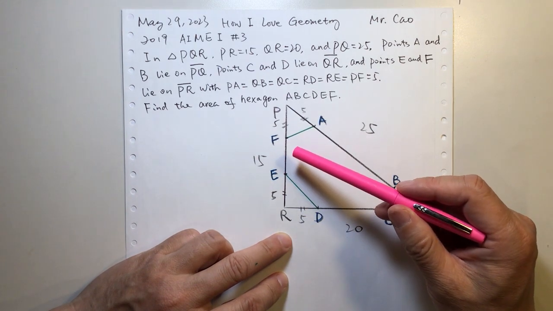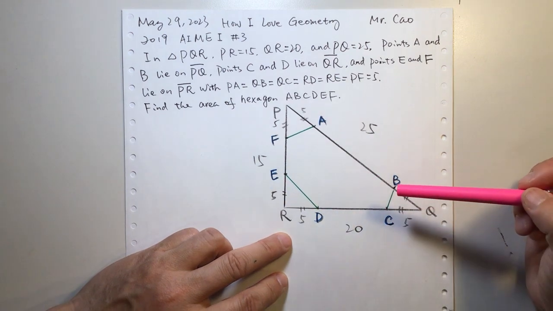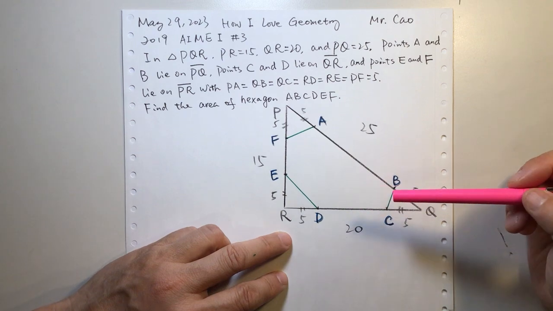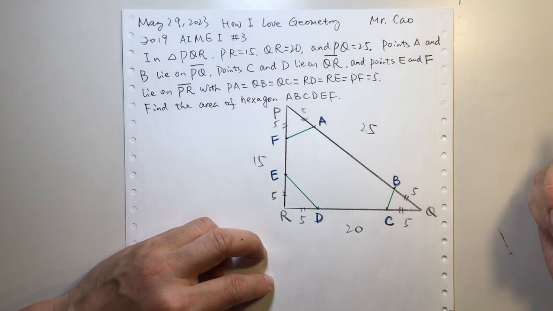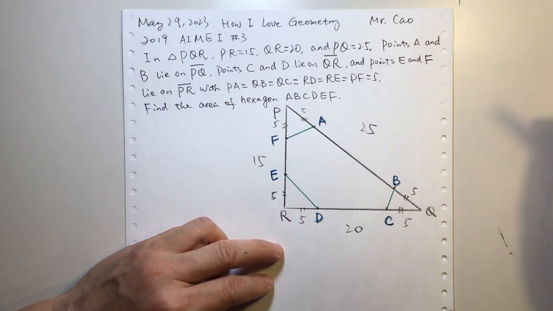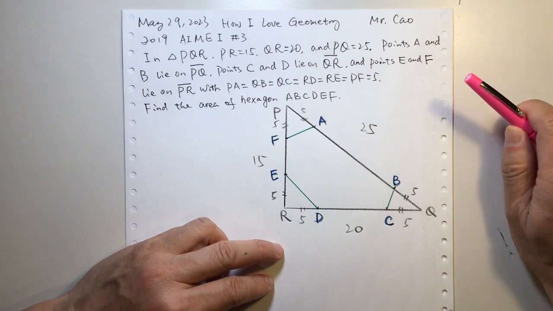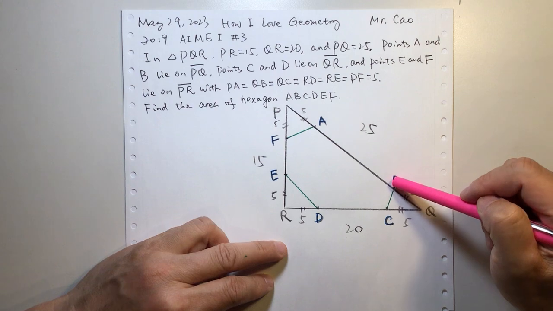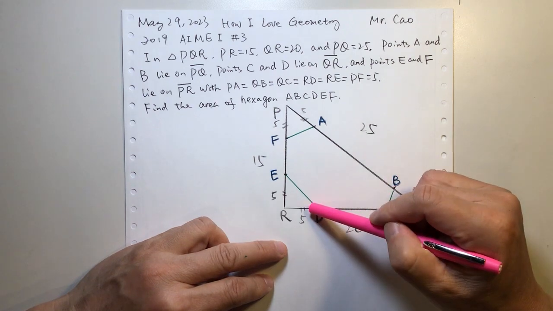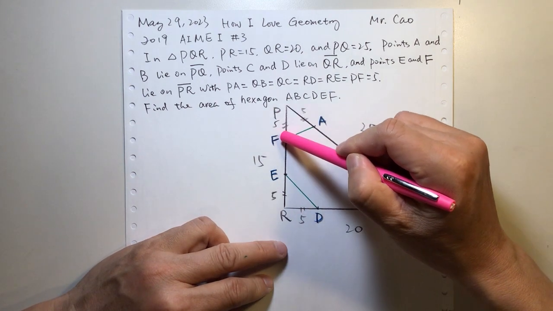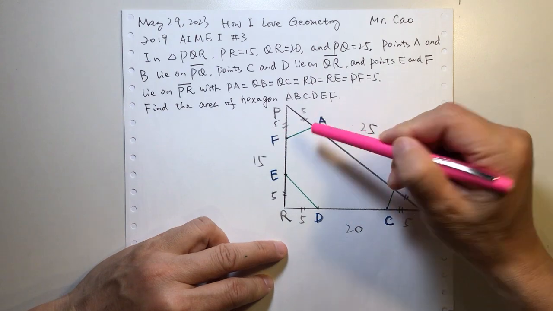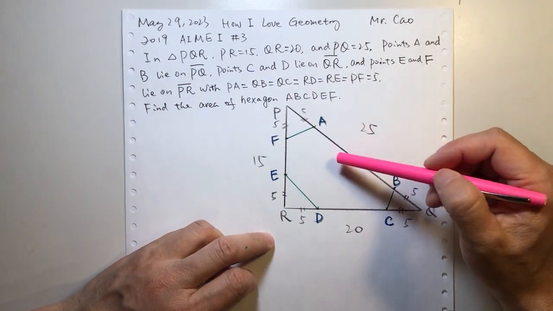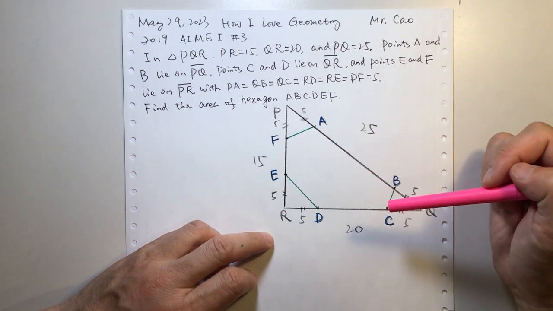All of these 6 segments have length 5. So the problem asks us to find the area of hexagon ABCDEF. This is a 6-sided polygon, a hexagon.